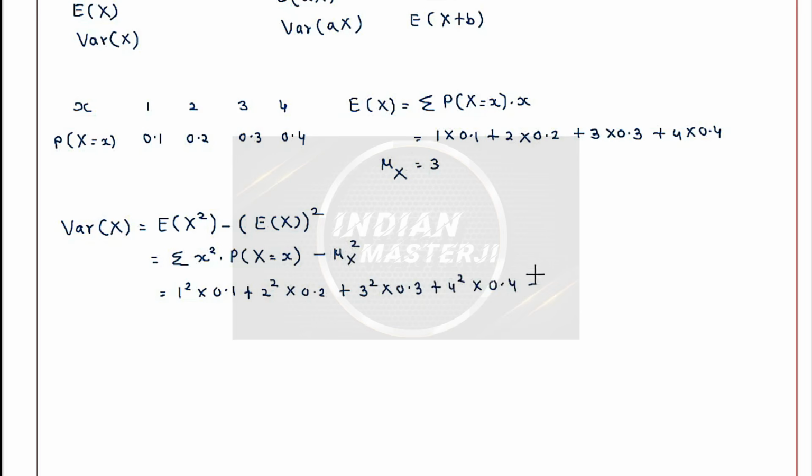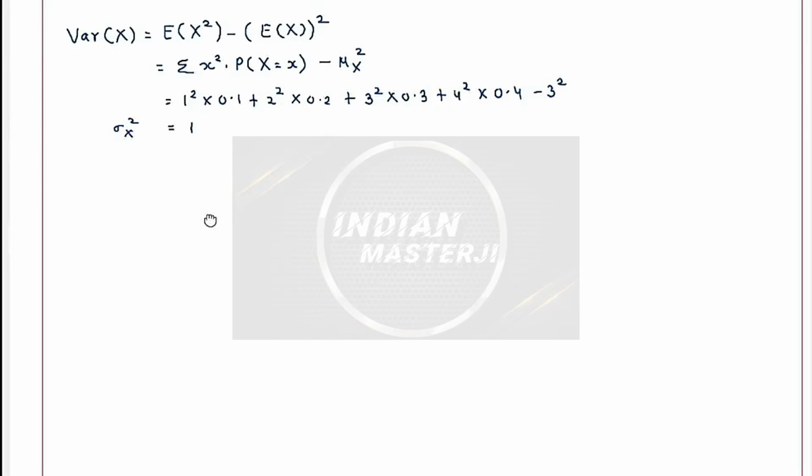So mu of x is 3, so this will be 3 square here. If I solve this, I get this value as 1. This is variance of x. For my convenience, I'll write it as sigma x square. Now this we have studied in the lower grade.